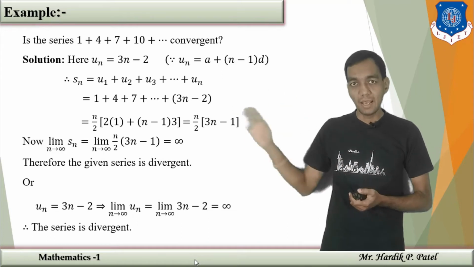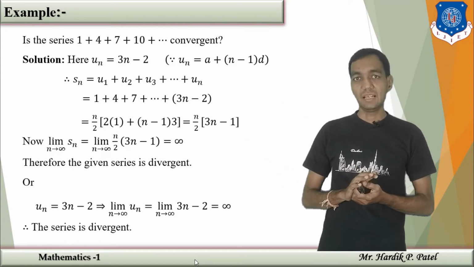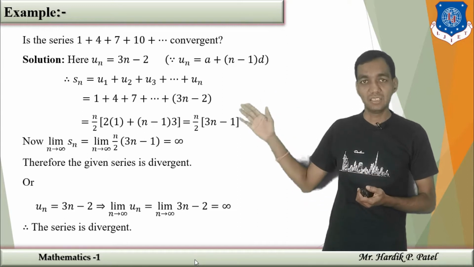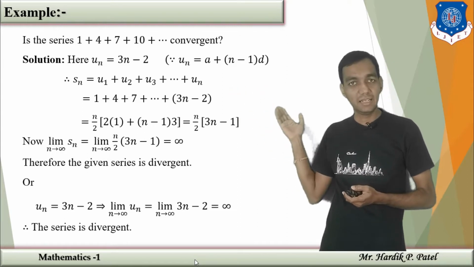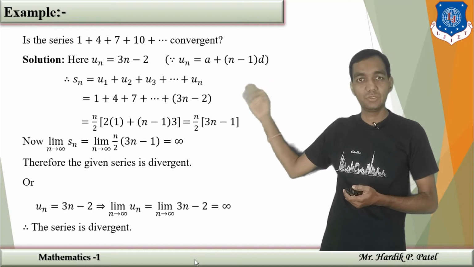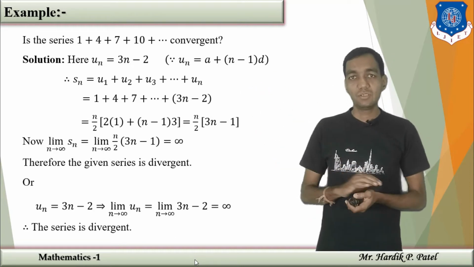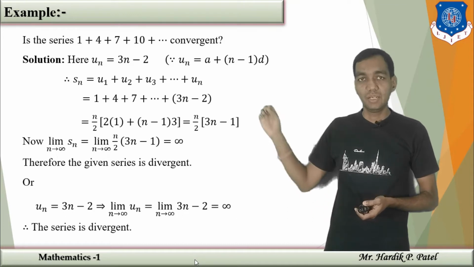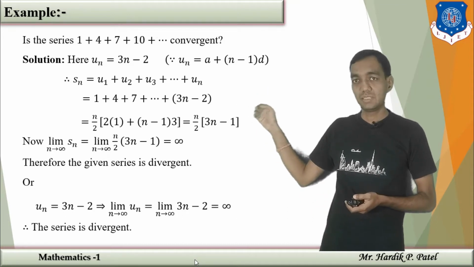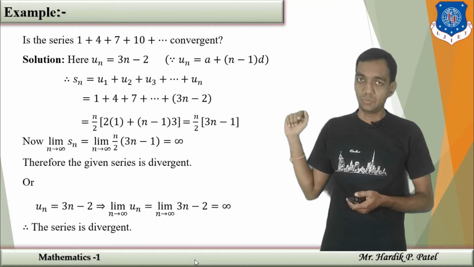Now Sn is nothing but the partial sum, that means the sum of the first n terms of a series, that is u1 plus u2 plus u3 up to un. Now put the values of u1, u2, u3 up to un, and that will give you 1 plus 4 plus 7 plus up to 3n minus 2.